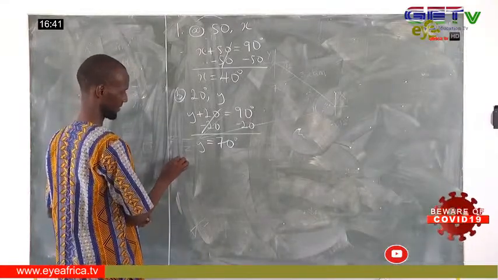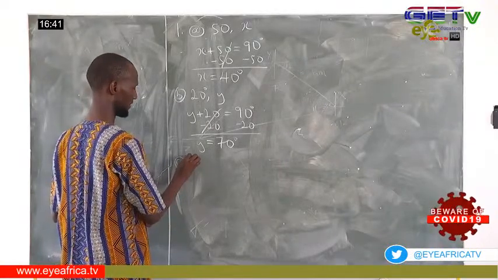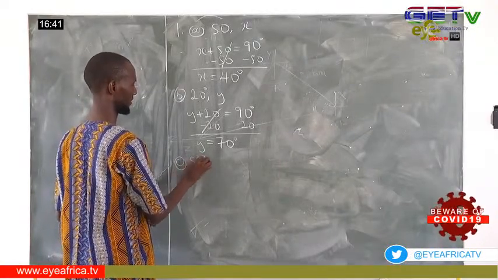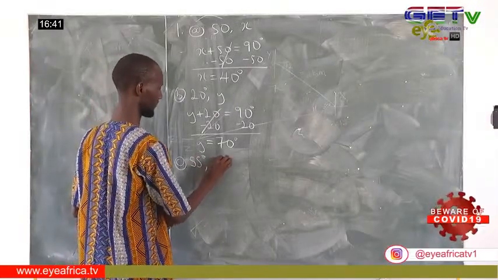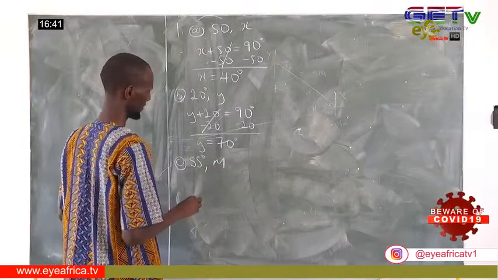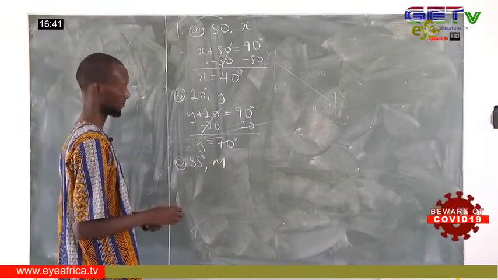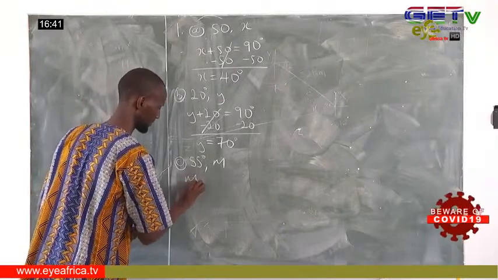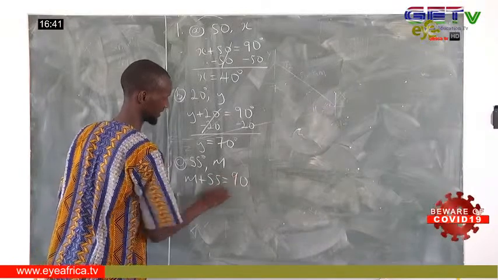Then letter C, you are given an angle of 55 degrees. The complement we don't know, so we can use m to represent it. Again, if you add the two of them, we should get 90 as our sum. So that means m plus 55 is equal to 90 degrees.